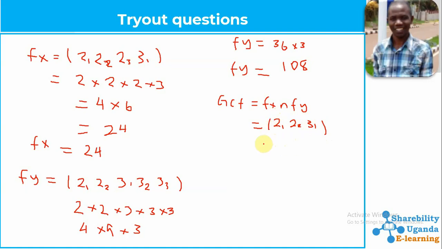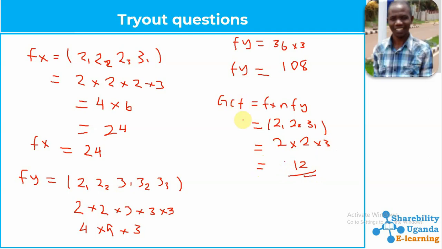Then we can change this into a multiplication form, which is 2 times 2 times 3. So this simply means we shall get our answer as 12.